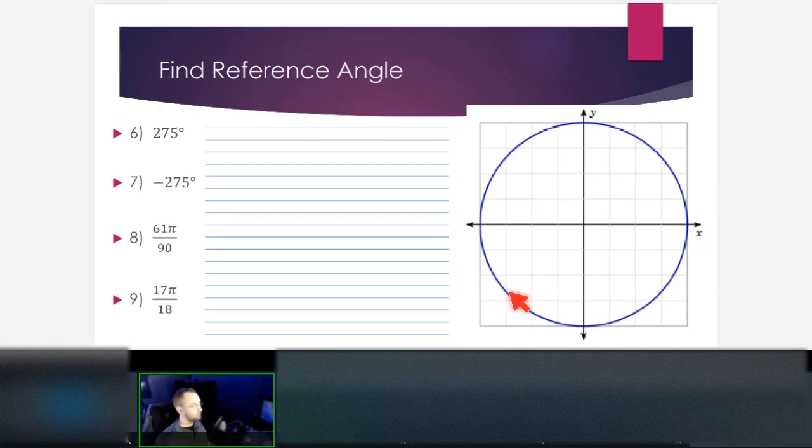All right, volunteer to write the answer for number 6. Number 6. All right, Dianica, number 6. How about number 7? Katie, number 7. How about number 8?